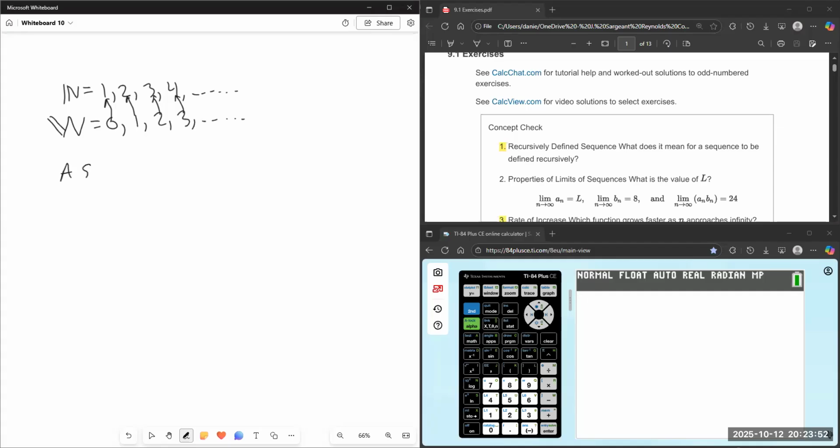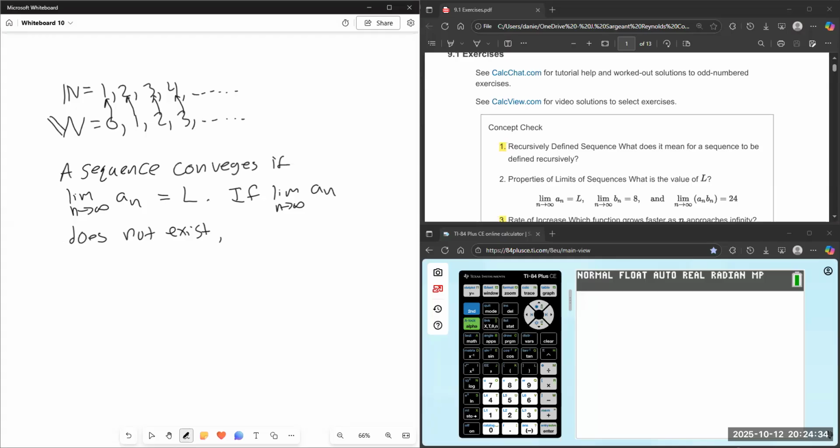A sequence converges if the limit as n approaches infinity of the nth term of the sequence that we denote by a sub n equals a finite limit L. The limit exists if the limit as n goes to infinity of a sub n does not exist, the sequence diverges.